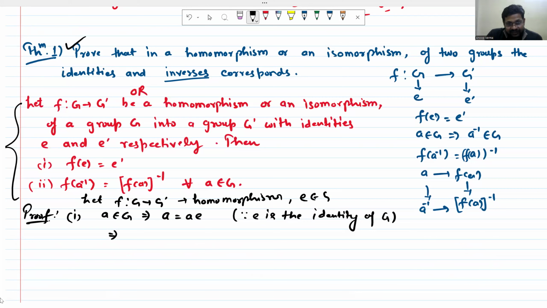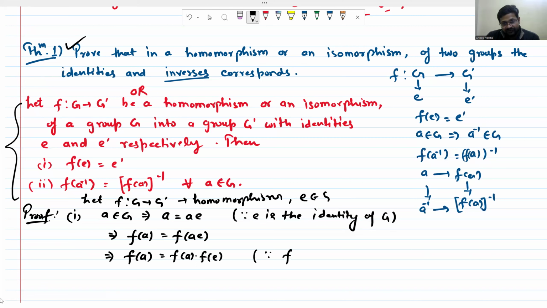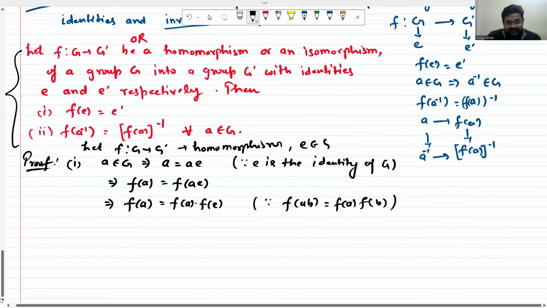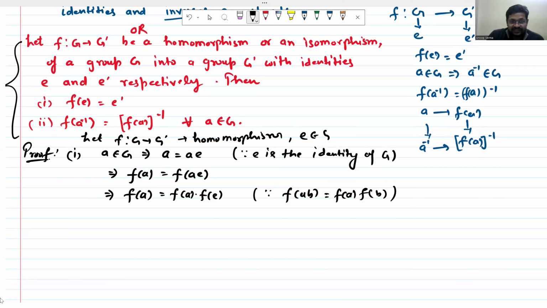Now apply F on A. So this is F on A. Now you can easily see, because we know this is a homomorphism, you can break it out like this, since F of AB is equal to F of A times F of B. And we are clear that the operation on the right side is the operation of G dash.